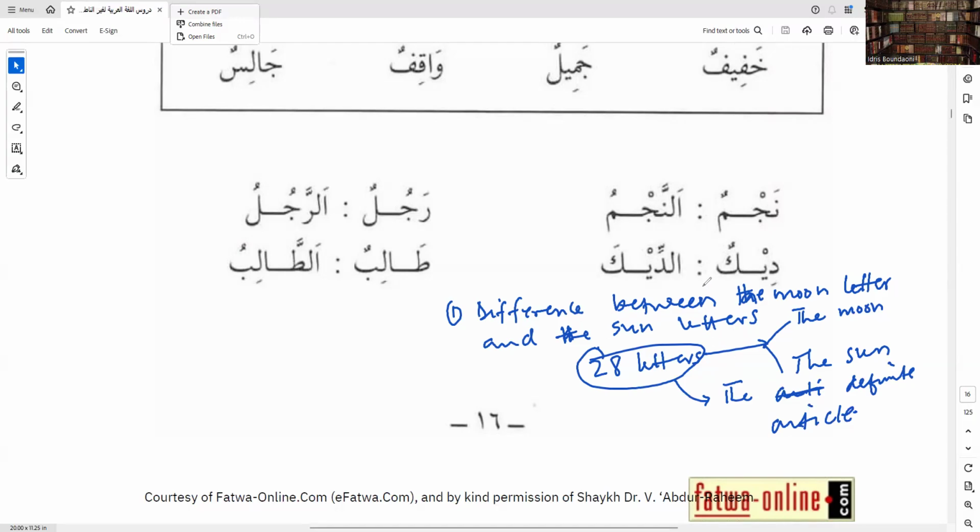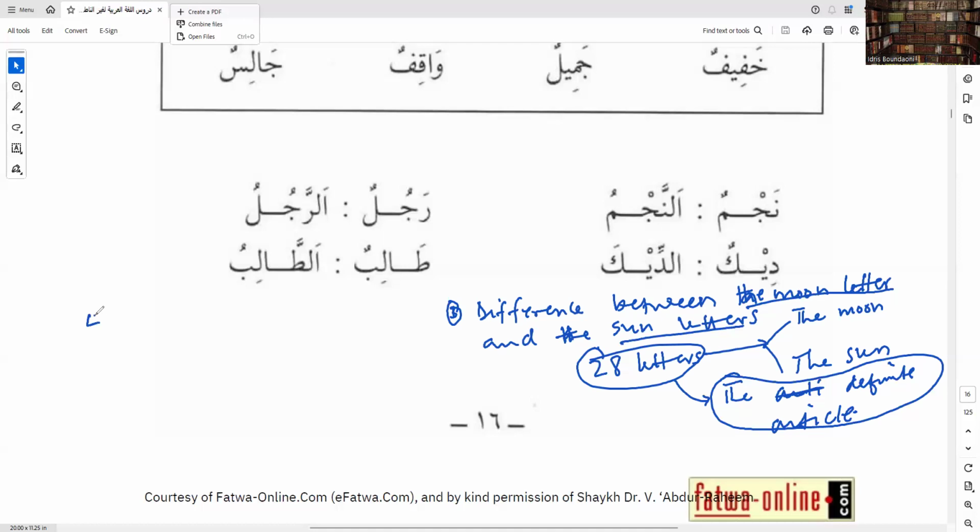So basically, the moon letters and the sun letters have something to do with the definite article. It determines whether you're going to completely pronounce the definite article or you're going to make the lam in the definite article silent. So we're going to learn that today. So that is objective number 3 in this dars.